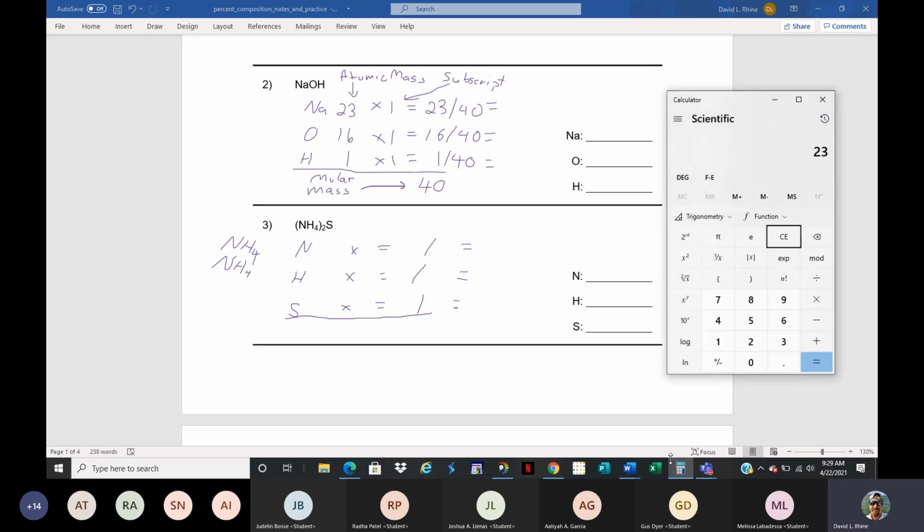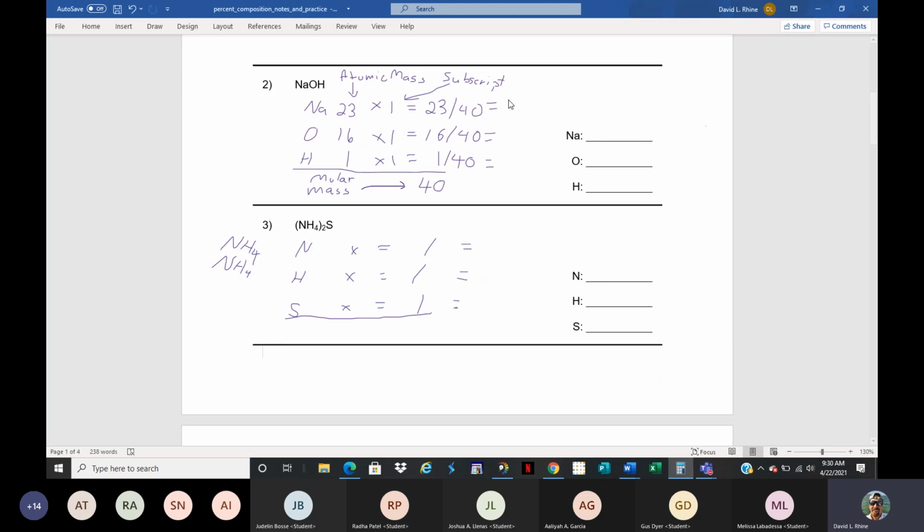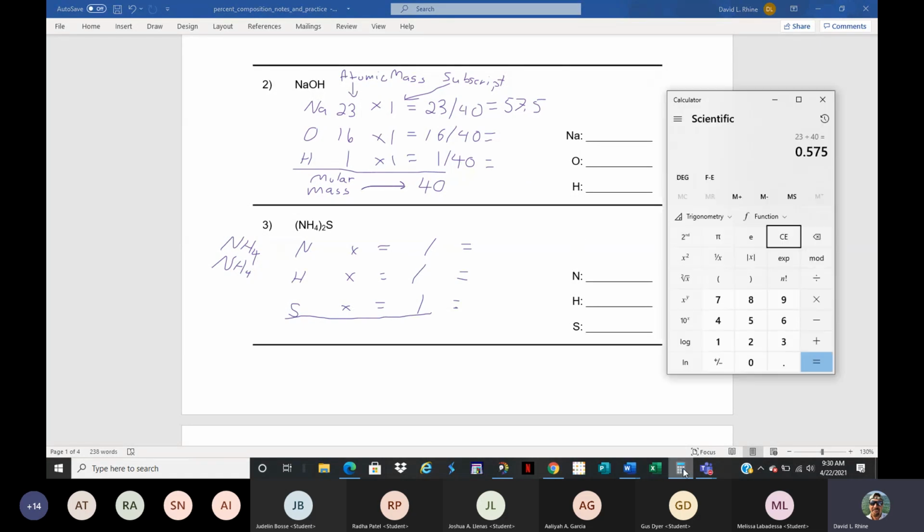All right, so 23 divided by 40, that's going to be 57.5%. Everybody understand where I got 57.5%? Yes? Okay, awesome, thank you. All right, next, oxygen, 16 divided by 40, that's 40%.